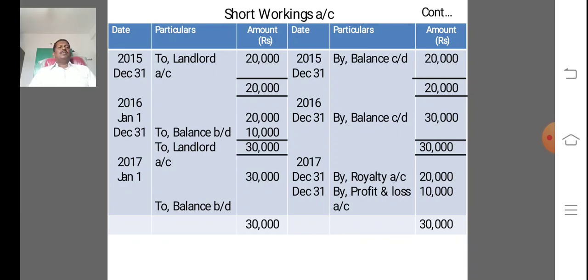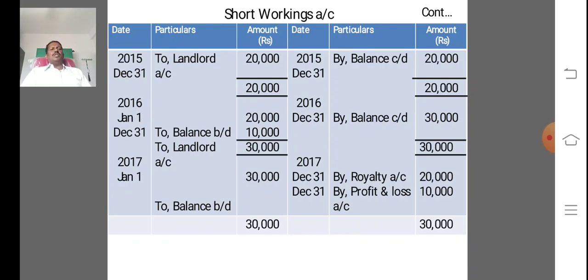By balance carry down is a balancing figure 30,000. That 30,000 is brought down on 2017 January 1. To balance brought down 30,000. The debit side total is 30,000.